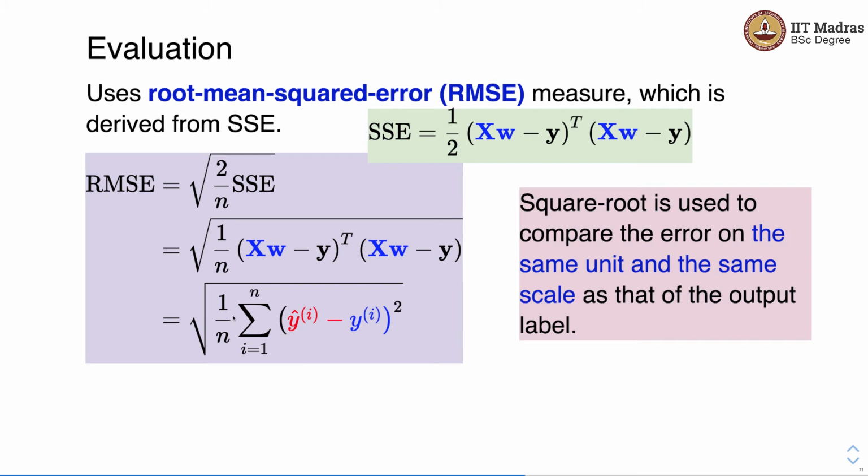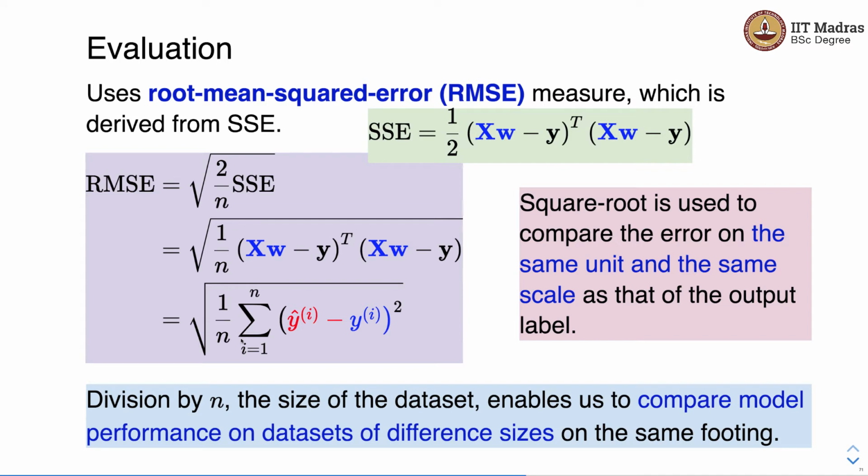So RMSE uses the square root to compare the error on the same unit and same scale as that of the output label. And we divide by n over here, which is the size of the data set, that enables us to compare model performance on data sets of different sizes.